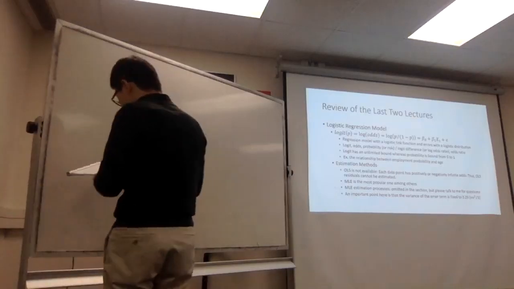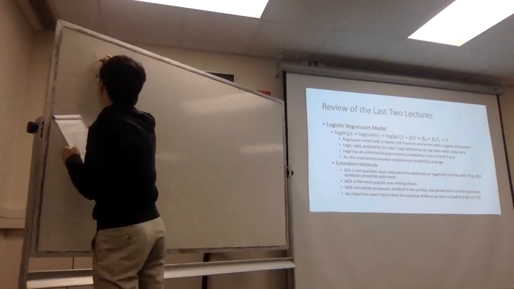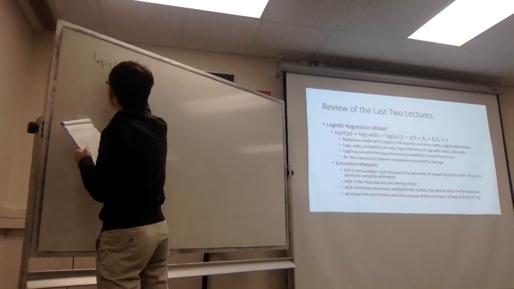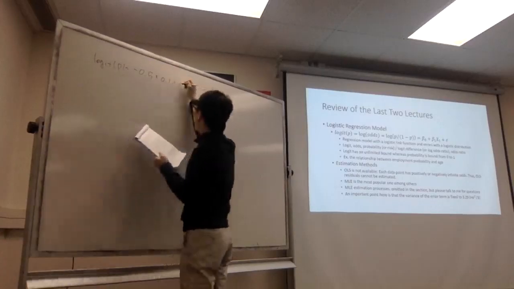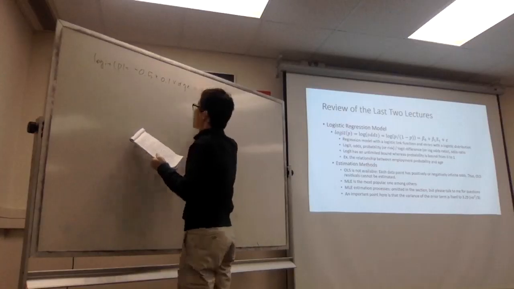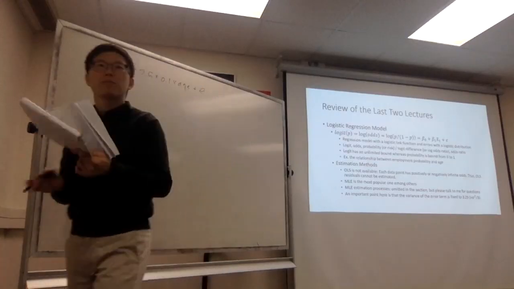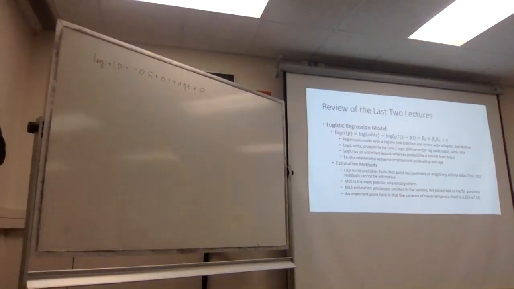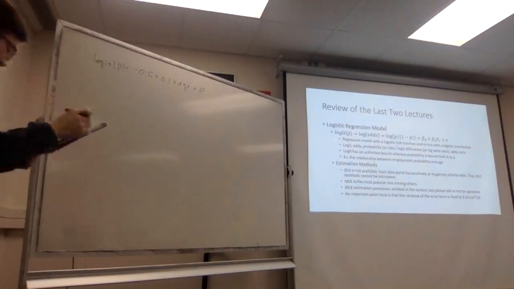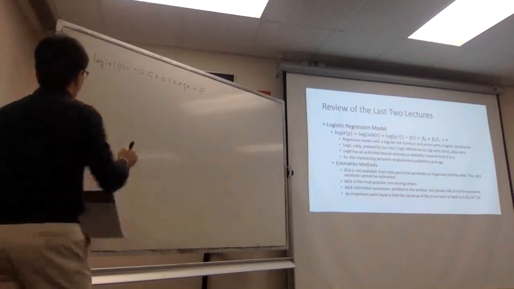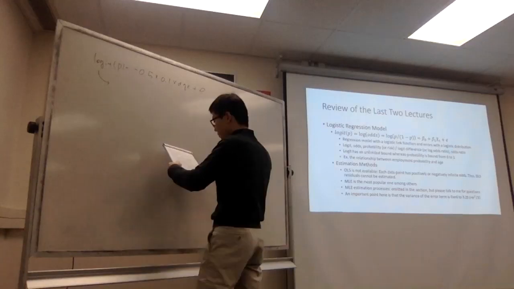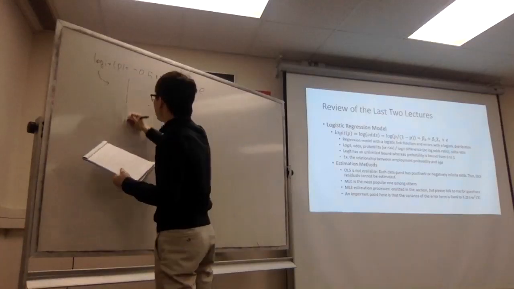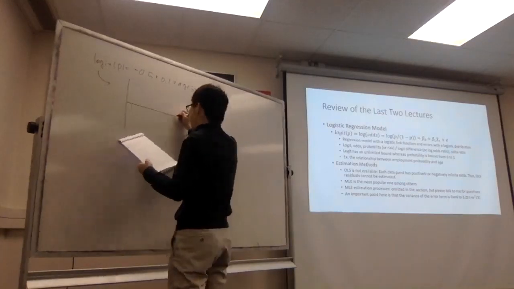So let's see, we have logit of P equals 5 plus age plus E, where the probability means the employment probability.